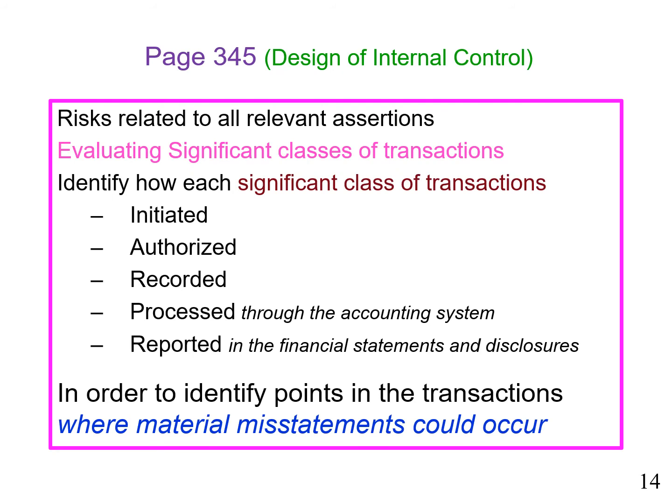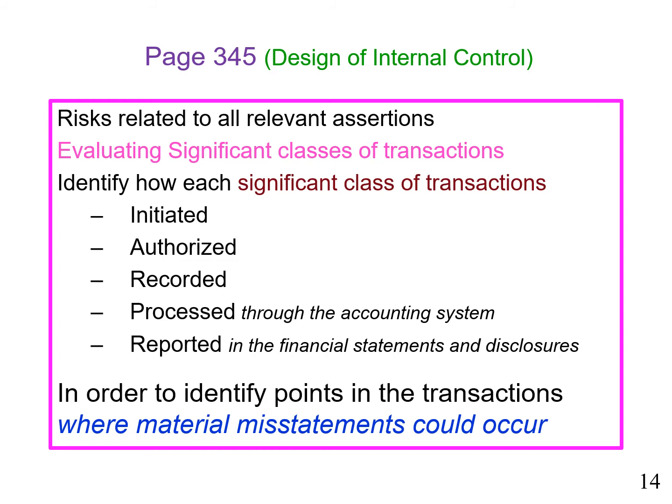Page 345: how do we determine the risk related to all relevant assertions? So we're going to assume all assertions are relevant. That's maybe not true, but we have six assertions, right, for transactions. For all significant classes of transactions, we need to identify how each transaction is initiated, authorized, recorded, and processed through the accounting system.